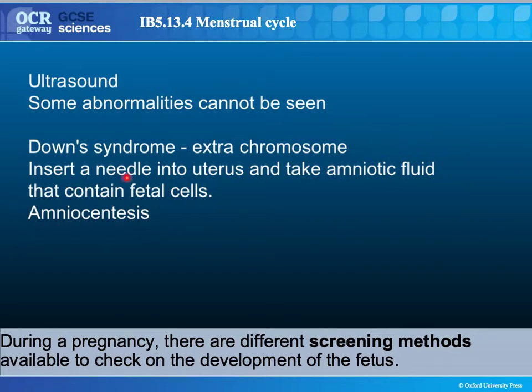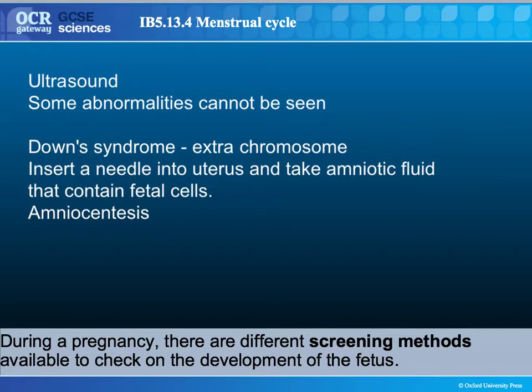Now, what they do then with these fetal cells is that they grow them in a lab and allow them to divide. At this point, during division, the chromosomes can be observed under a microscope and counted. So if there's an extra chromosome, that can be identified. So at this point, if it is identified that the fetus has an extra chromosome, the couple can then decide whether they want to terminate the pregnancy or not.